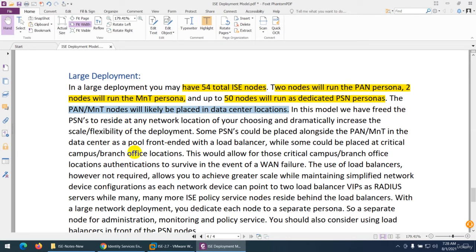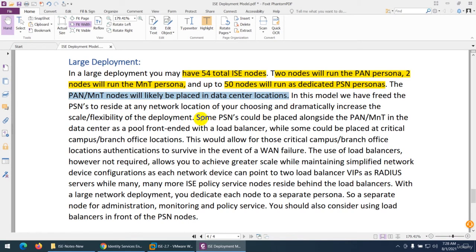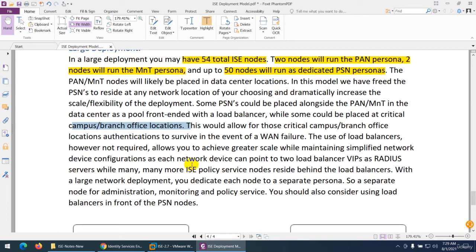So this solution is a very flexible deployment. You can put some PSN alongside PAN and MNT in the same data center, but you will need a load balancer. Definitely you have 50 to use them properly, and you can put some of the PSN in campus and branch locations.